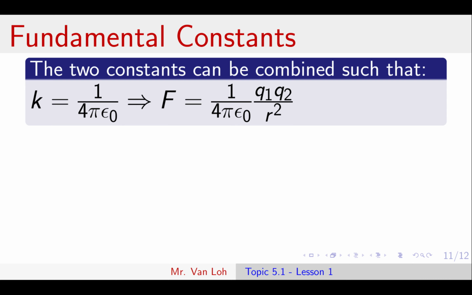And the reason for that is because they are related, as shown here, where Coulomb's constant is equal to 1 divided by 4 times pi times the permittivity of free space. So from this, we can do a little substitution into our equation for Coulomb's force. And the new equation is given there, and I don't think I need to read it.